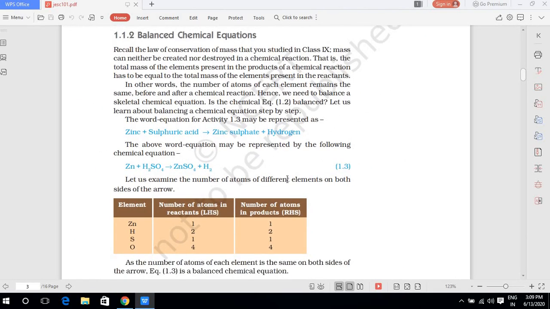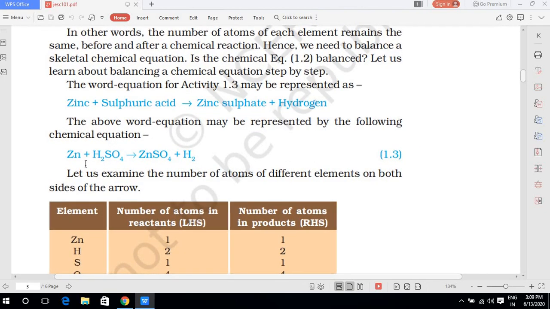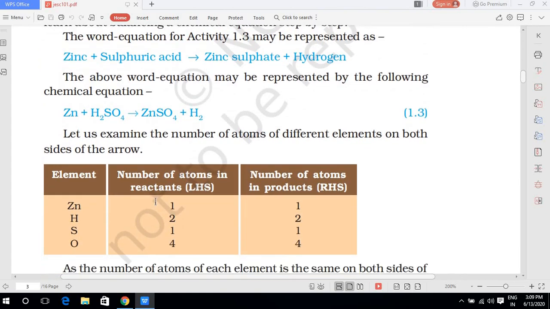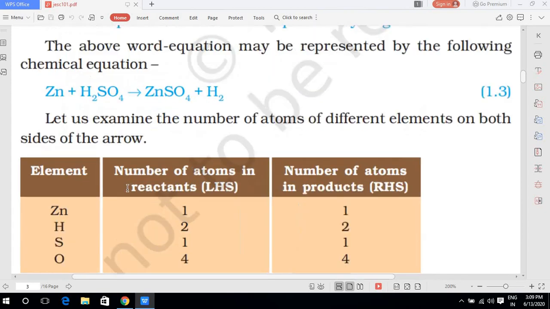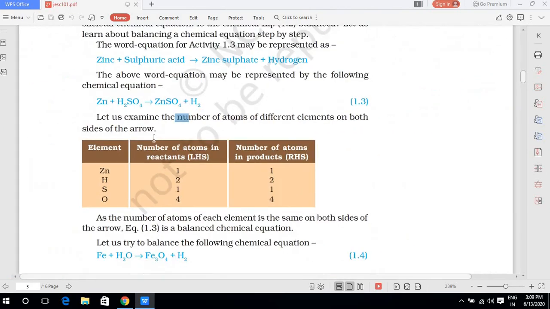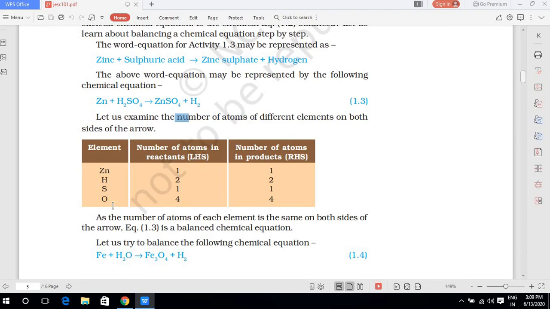Now how do we know that this chemical equation is balanced or not? We will be able to know whether this or any chemical equation is balanced by making a table such as this. We put the element in one column, in another column the number of atoms in the reactants, and in a third column the number of atoms in the products.